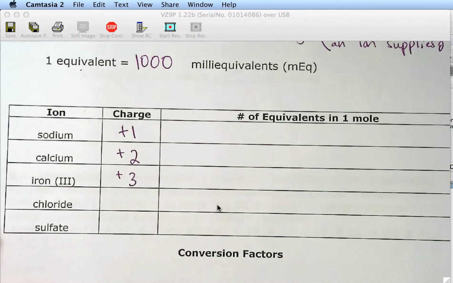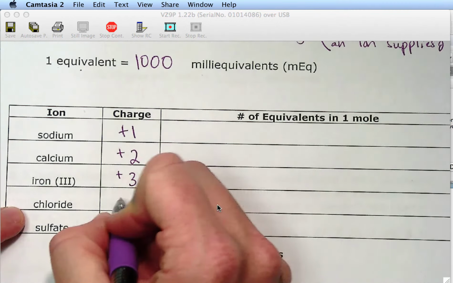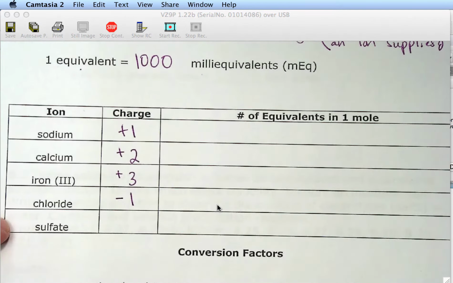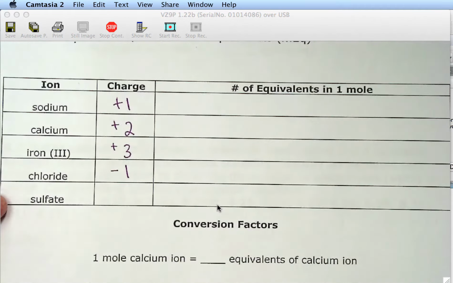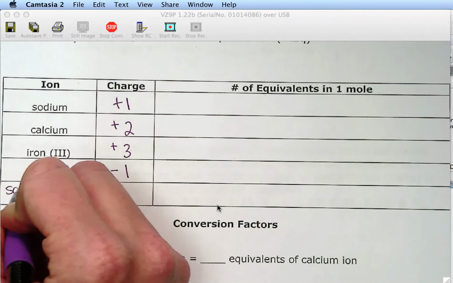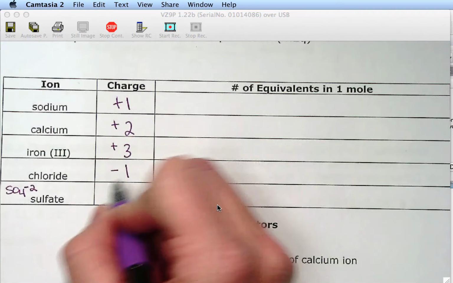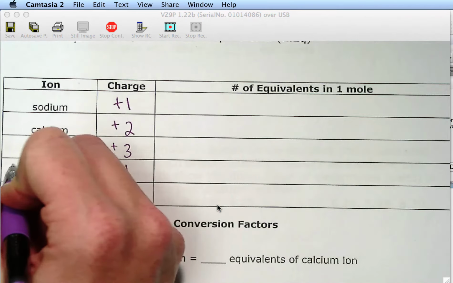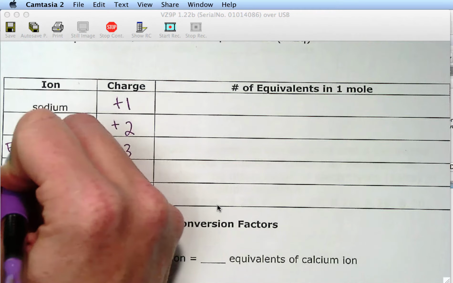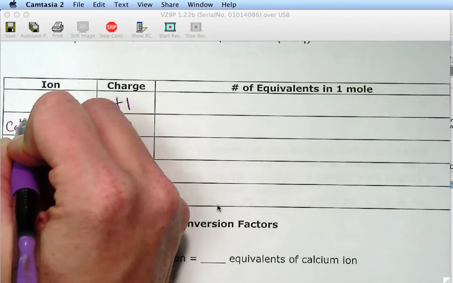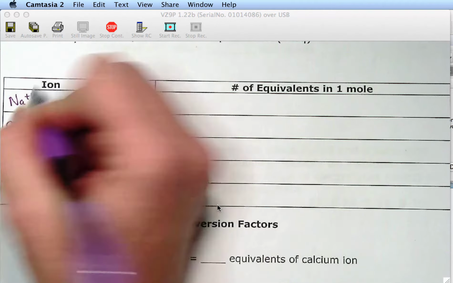Plus 3. Chloride, minus 1. Sulfate is SO4 minus 2. So chloride, Fe plus 3, Ca plus 2, sodium plus 1.